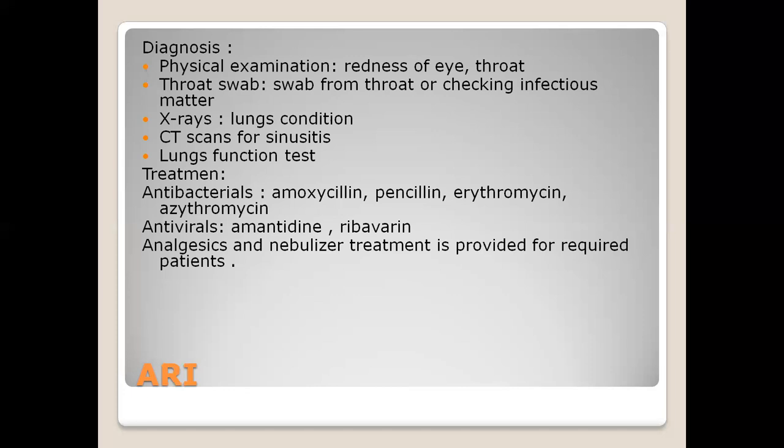And treatment is mainly done based on the classification, whether it is by bacteria or by virus. For bacteria, antibacterials are given like amoxicillin, penicillin, erythromycin, and azithromycin. For viral, antivirals are given, that is amantadine and ribavirin. And along with that, analgesics and nebulizer treatment are also provided for required patients.